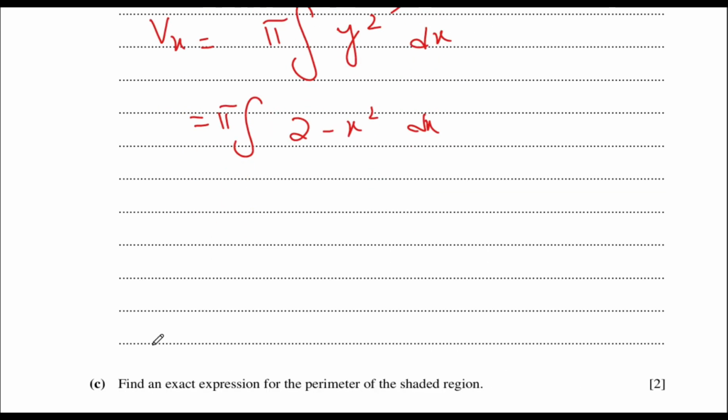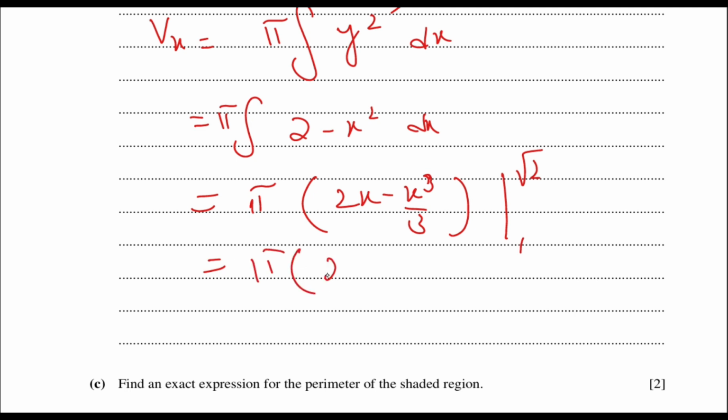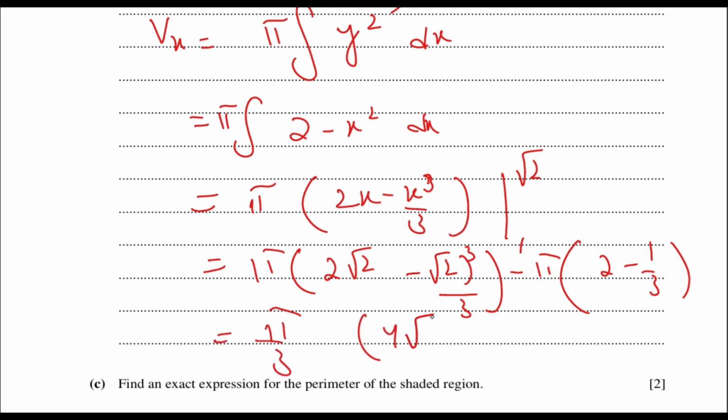After applying integration, it is all mathematical work, and it will lead us simply to pi by 3 times 4 root 2 minus 5. That will be our correct answer at the end.